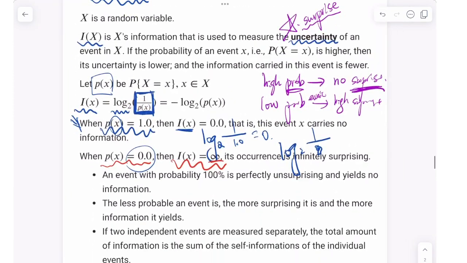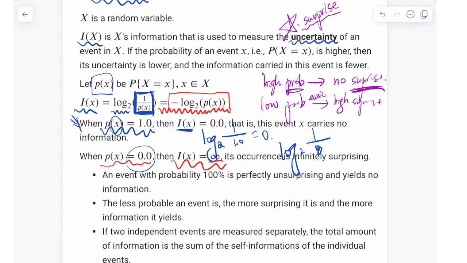Sometimes when you read some material talking about entropy or information, they use this form.